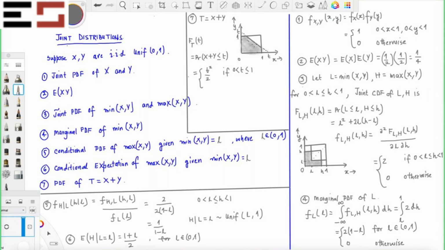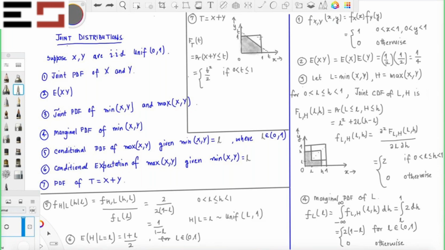One simple way to do this is to find the area of this triangle and just subtract that from 1, because the remaining is this. So let's do it that way. Let's find the area of this triangle and subtract that from 1.